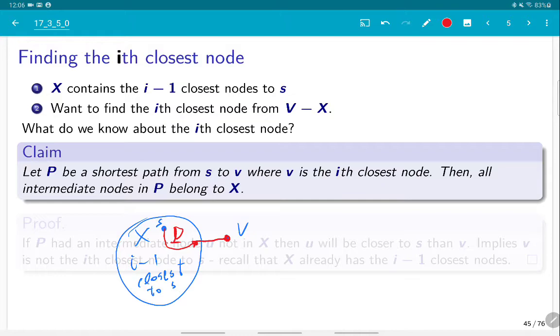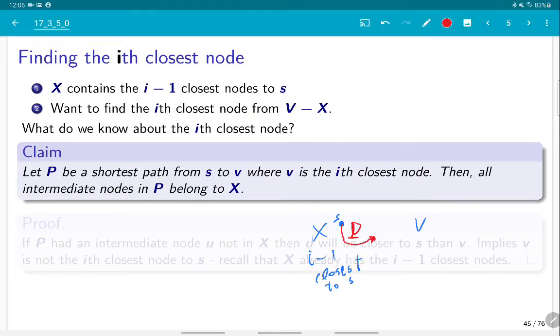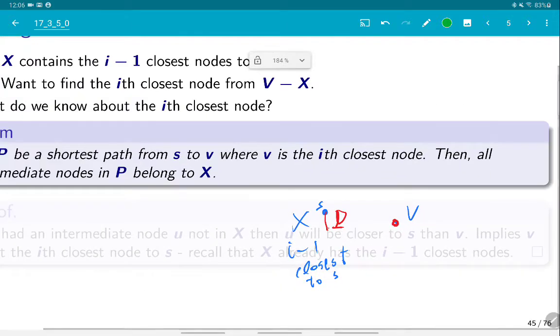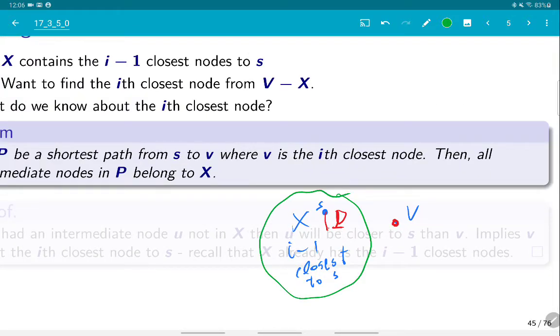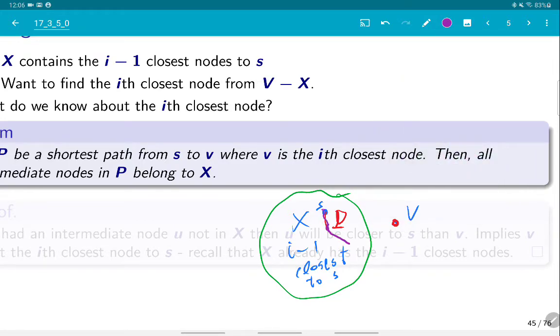To see why this is the situation, let's assume that this is false, which would be the most natural approach. If it's false, then this will be the set X, but the path now is going to do bizarre things. The path might go out, visit some vertex Z, then maybe come back in and then go to V. That's one possibility, not the only one.